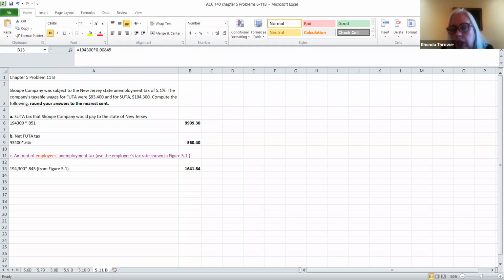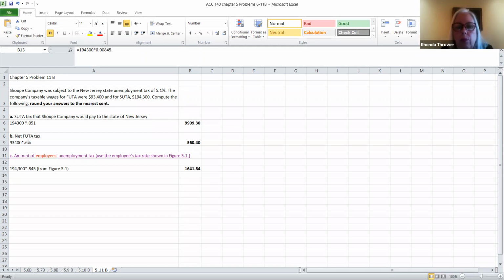They have to pay income taxes, federal and state. Sometimes they have to pay local taxes, and now they also have to pay unemployment taxes in the state of New Jersey. So if you work in the state of New Jersey, you've got an unemployment tax that's going to be taken out of your paycheck.